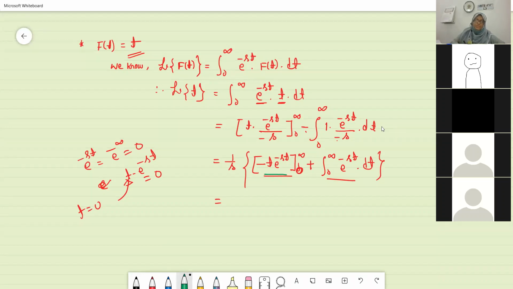But here there is a contradiction. Suppose it is t e to the power minus st. When you use the upper limit, it will be infinity into e to the power minus infinity. Now what will be the result? Why do we use 0 here?